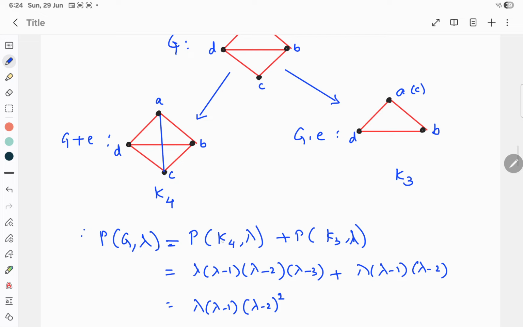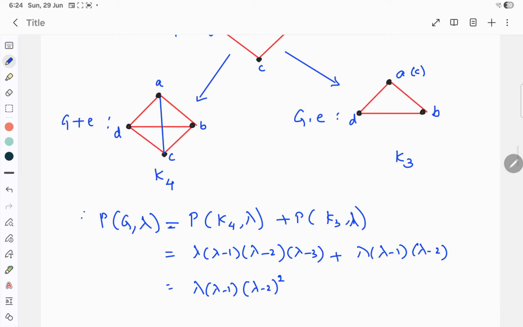Now we know that a complete graph with lambda colors can be colored in lambda into lambda minus 1 into lambda minus 2, etc., lambda minus n plus 1 ways. So this product will give you the number of ways K4 can be colored with lambda colors. Similarly, P of K3 comma lambda is lambda into lambda minus 1 into lambda minus 2.